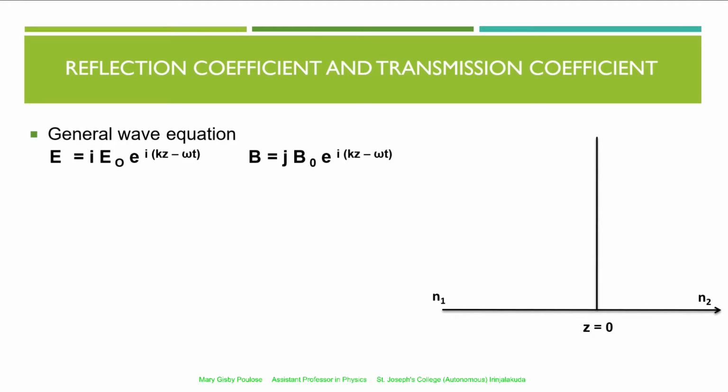Similarly, magnetic vector B is equal to direction j into instantaneous value B naught into e raised to i(kz minus omega t).